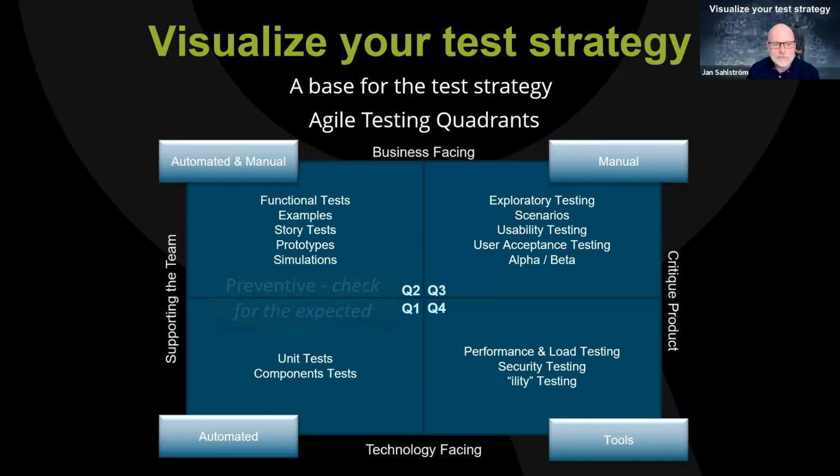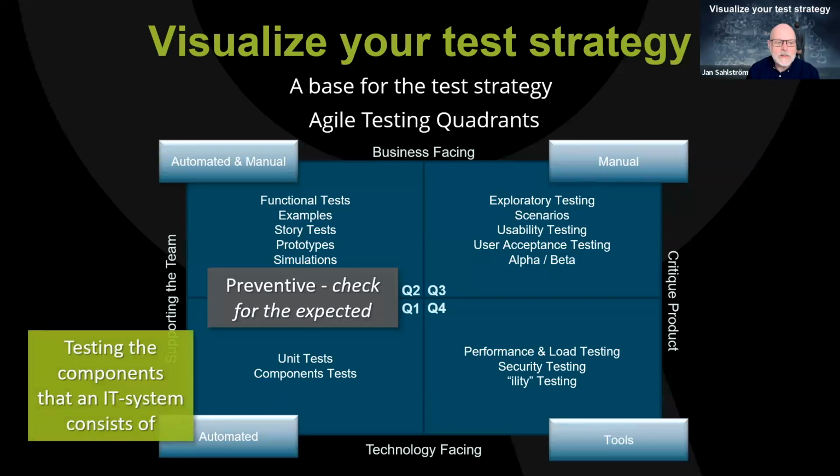But in short, the left-hand side describes preventive things, checks for the expected, verifying that things work as you expect. In the first quadrant, you are testing the components that the IT system consists of, i.e. on the developer's machine, basically unit tests, component integration tests, etc. Those are normally automated.